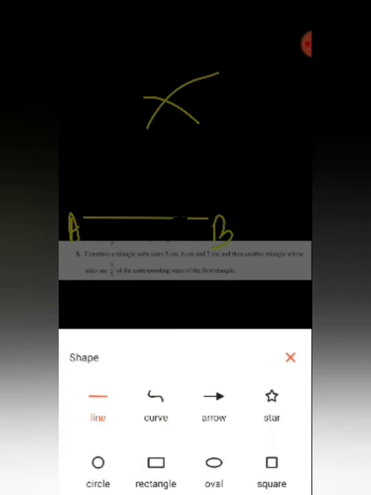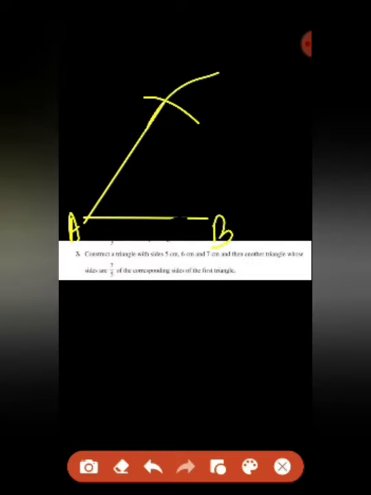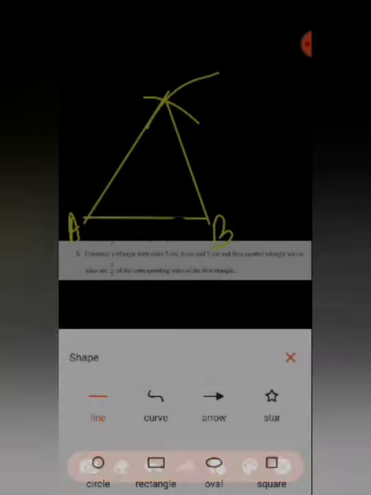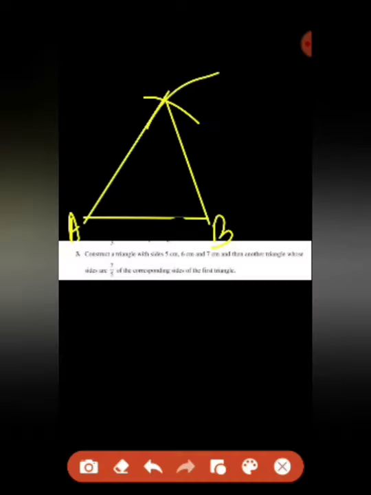After this, you join your A to that arc, and then your B to that arc like this. Name this as C. This is 5 cm, this is 6 cm, this is 7 cm.